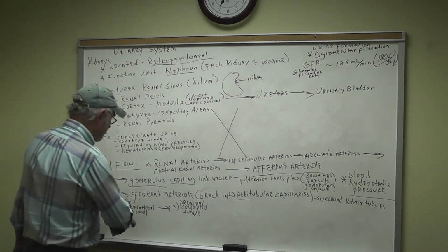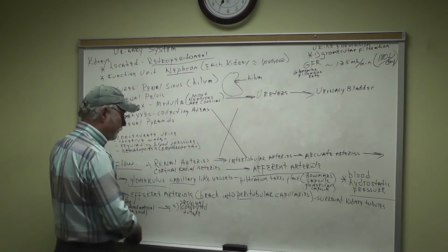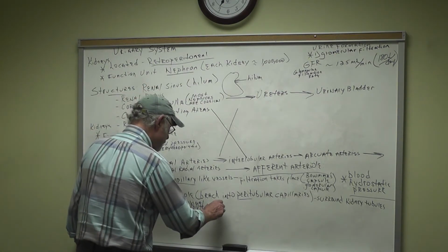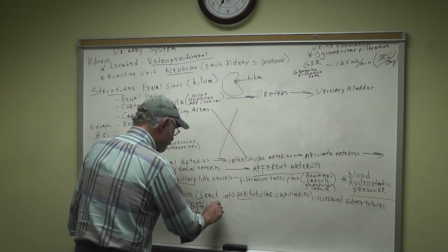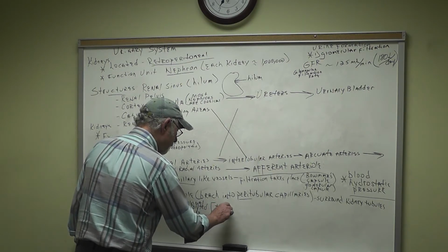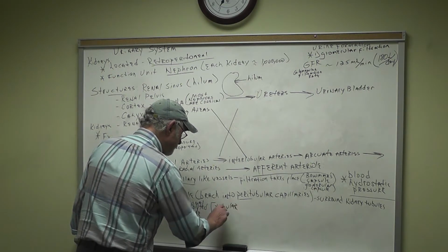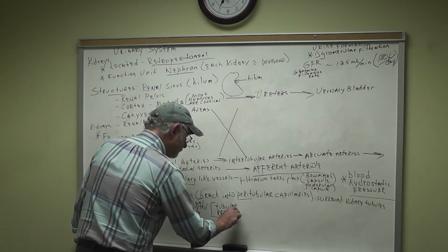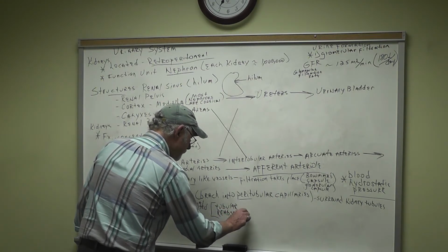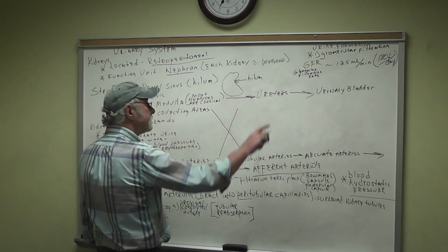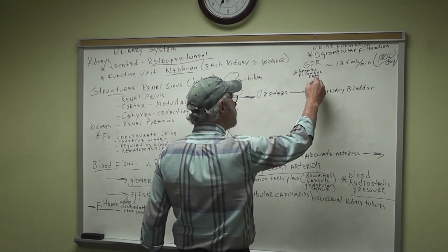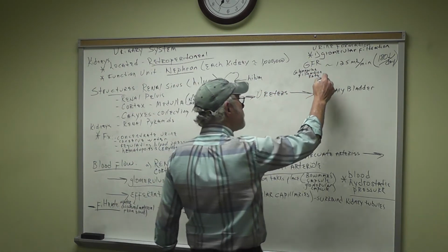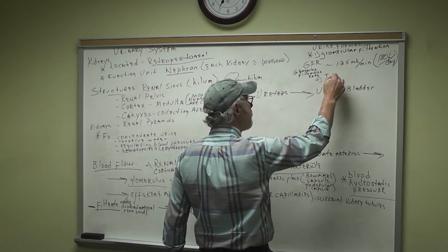So in the proximal convoluted tubule, we start a process called tubular reabsorption. That will be step 2 in this urine formation. We have tubular reabsorption.